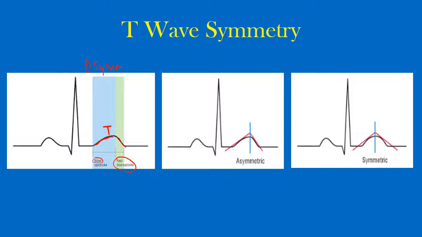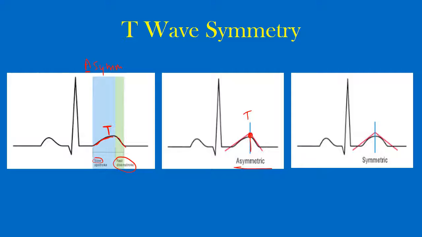In order to assess for T wave symmetry, first find the peak of the T wave. So if we imagine this is our T wave, find the peak of it, then draw a perpendicular line from the peak to the baseline, and finally compare the two sides for symmetry. So as you can see here, this is asymmetrical, and this is what we want.